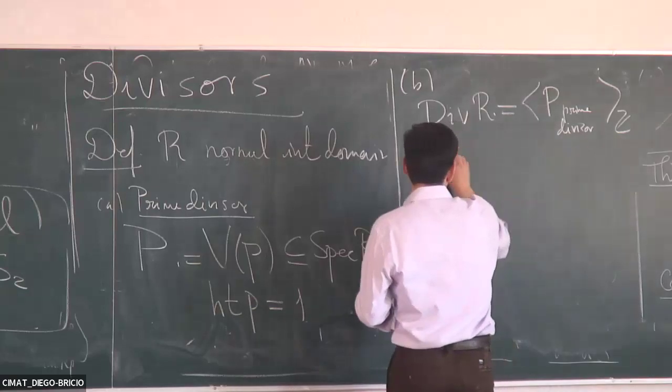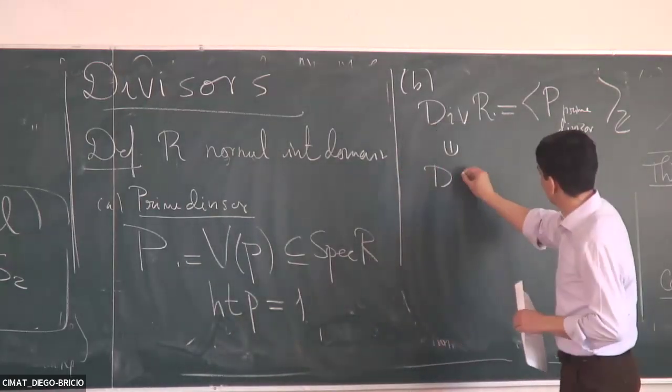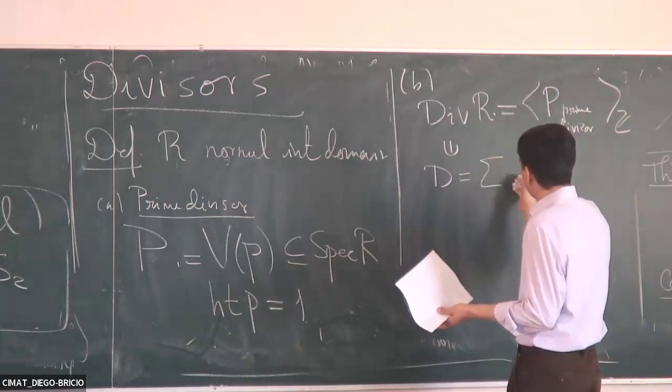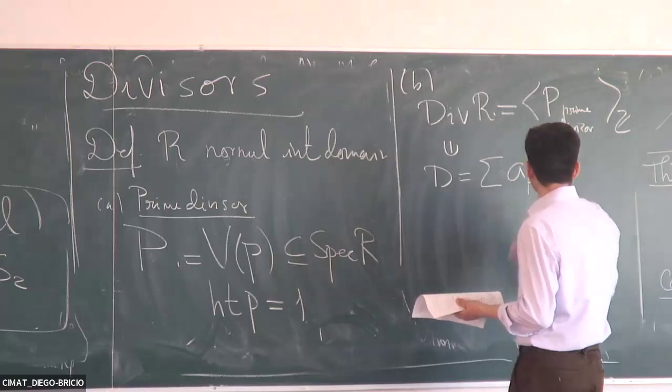So an element D here, what is it? Well, an element here is a formal sum, it's finite, right?